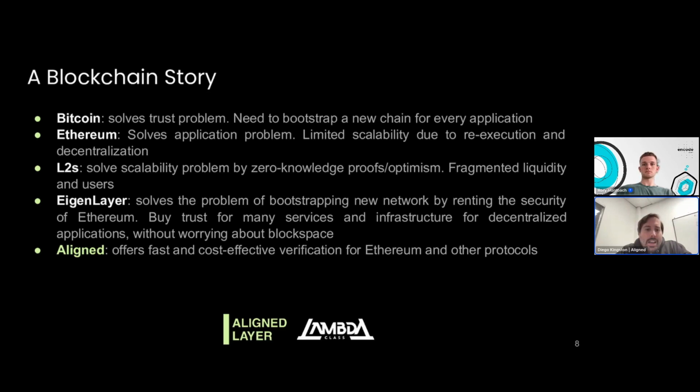Okay, and the main advantage of Aligned is that we are no longer constrained by the EVM. We can run outside of the EVM because we are going to run the native code for the verification of the proof system. Okay, so if you remember, the gas limit for Ethereum right now is at 30 million gas. And proof systems take at least 300,000. So this means you can verify at most 100 proofs per block.